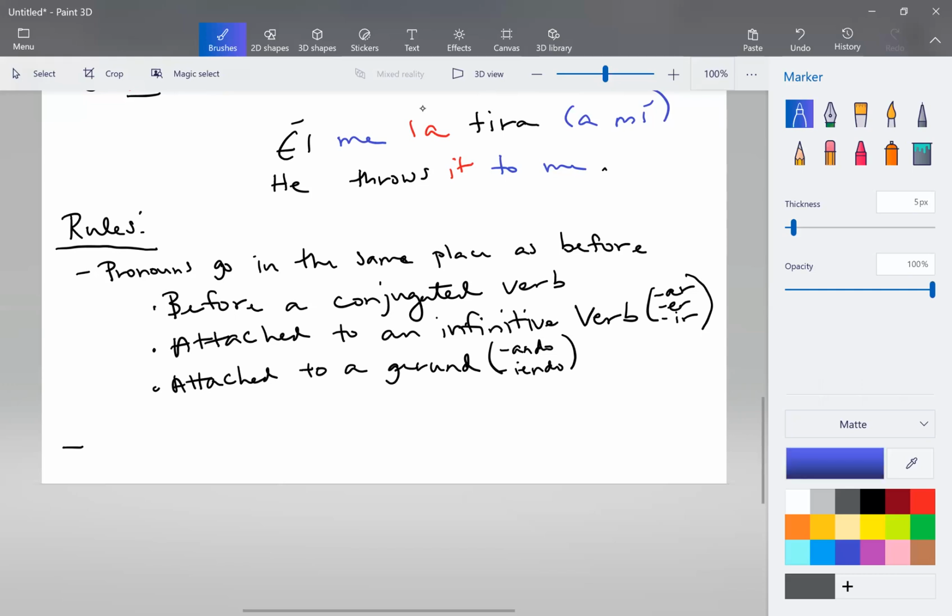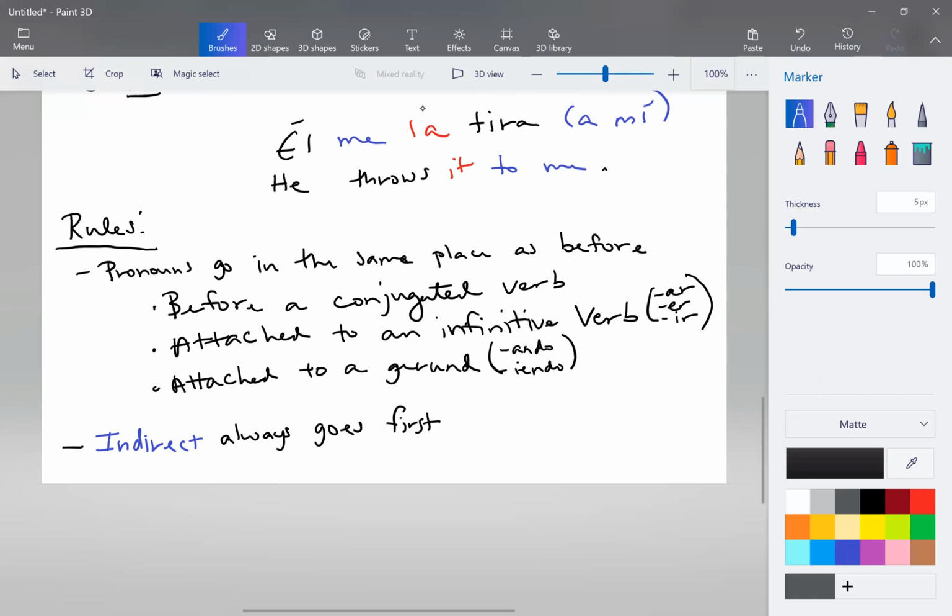And indirect always goes first. So we see that we did that up above where we had me first and then la, me la.